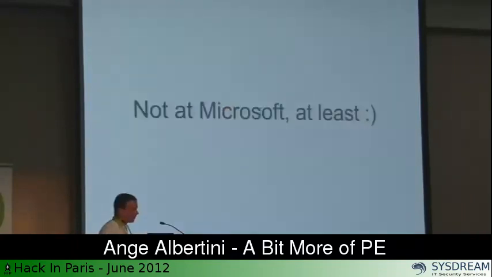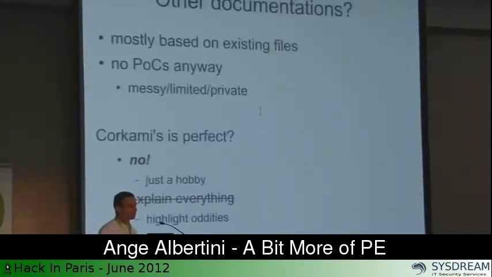So at least if there is a perfect documentation, it's not at Microsoft, because otherwise such incredible weirdness wouldn't happen. Of course there are other documentations on the PE file format, but what's lacking is that most of them are based on existing files. They say, oh, I never saw that field in use.